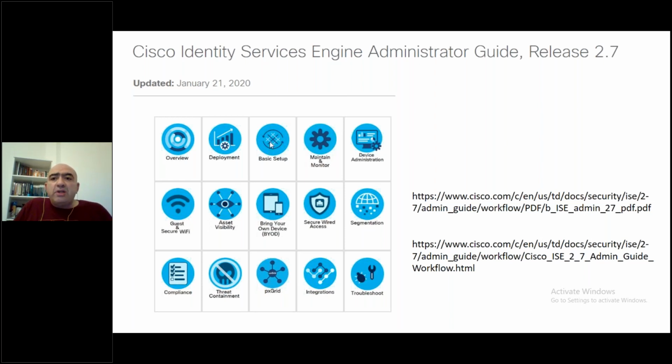I'm thinking to create another session for policies, how to create policies in Cisco ISE also. But at least you need to know about these things. You need to know that ISE is your policy engine for software-defined access. In software-defined access, we have DNA Center acting similar to an SDN controller.